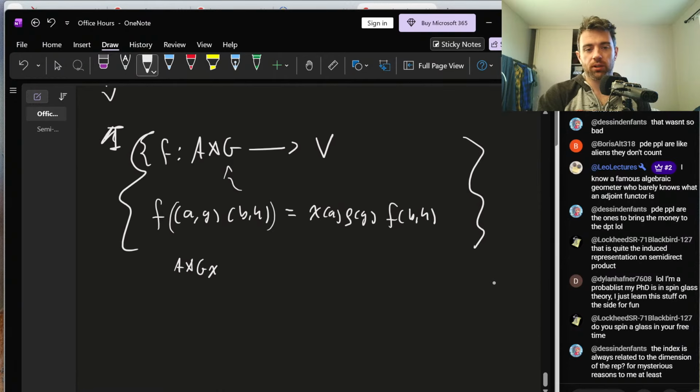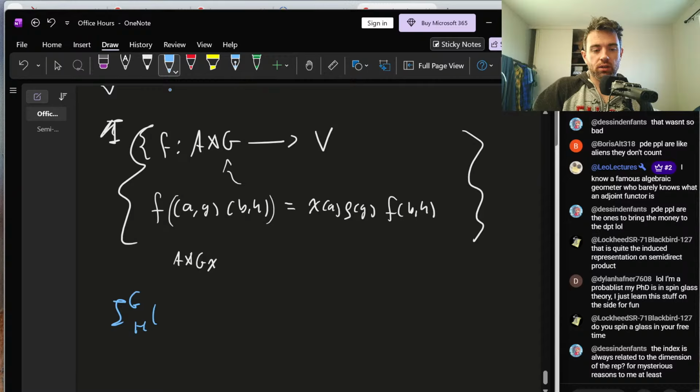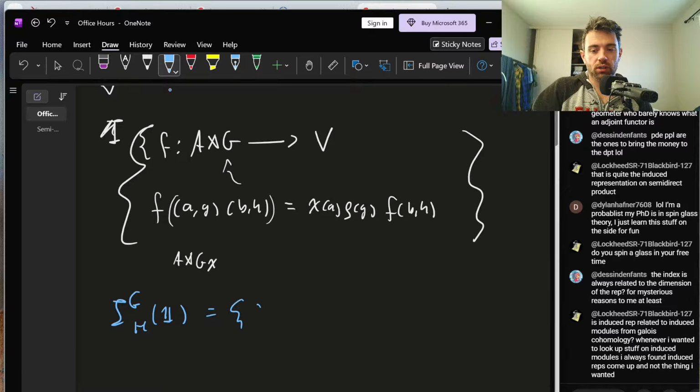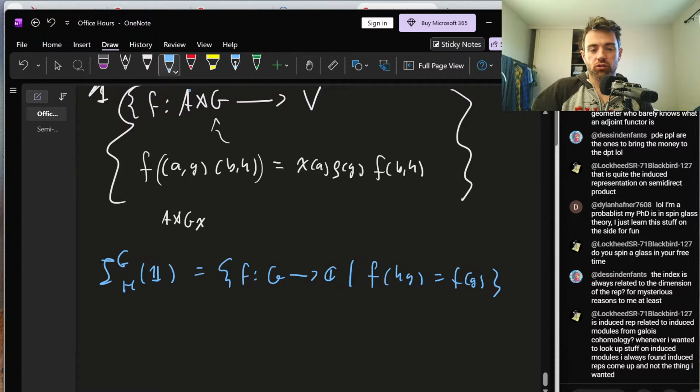I don't have a formal proof, but if you think about the induced representation, so just take H some subgroup of a group G, then the induced representation of say the trivial representation in this case is just going to be all complex valued functions which are left invariant under cosets, left invariant under translations by H, which essentially means that it determines a function on the left cosets.